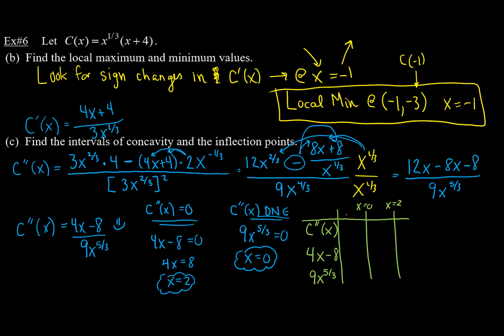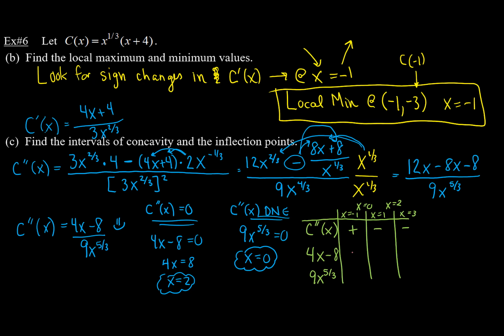I'm going to use test points here. So something smaller than 0, -1. Something between 0 and 2, 1. And something larger than 2, I'm going to use 3. I'm going to plug those values in there. So if I just plug those test values into the second derivative, I'll see I get a positive, minus, and minus.